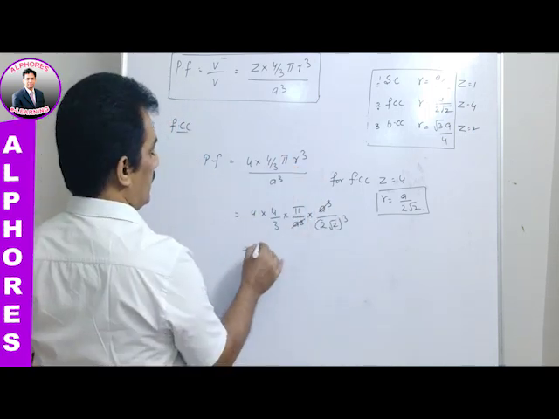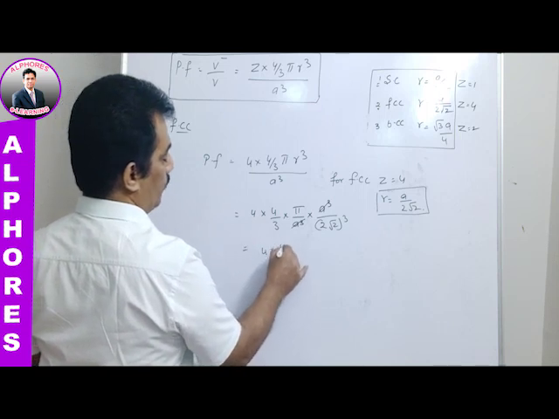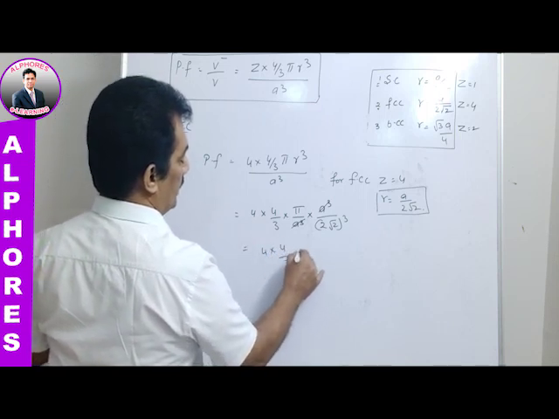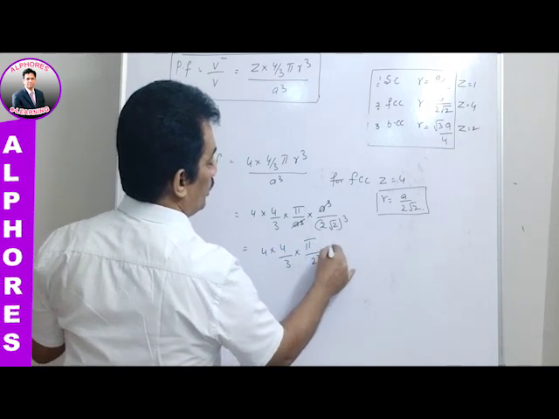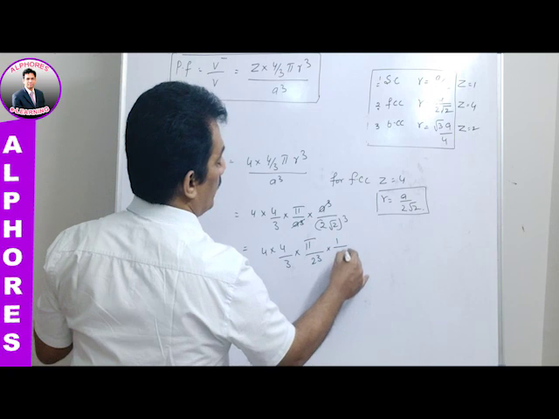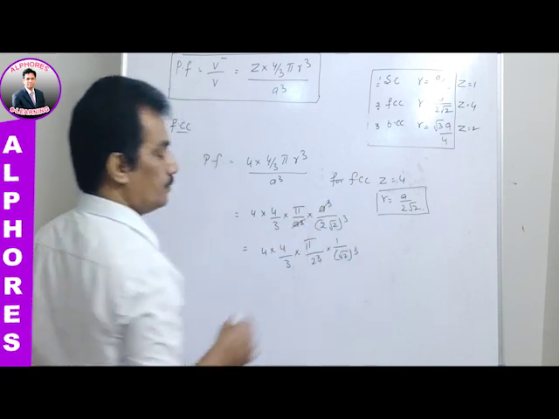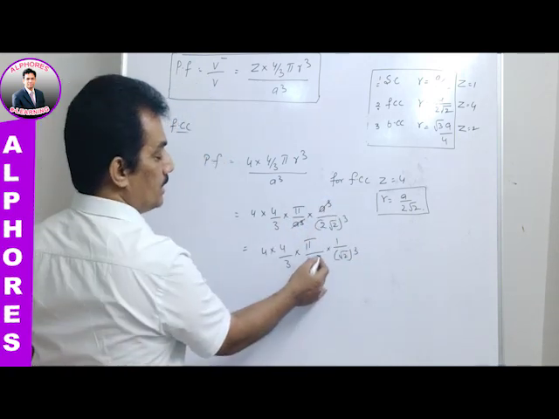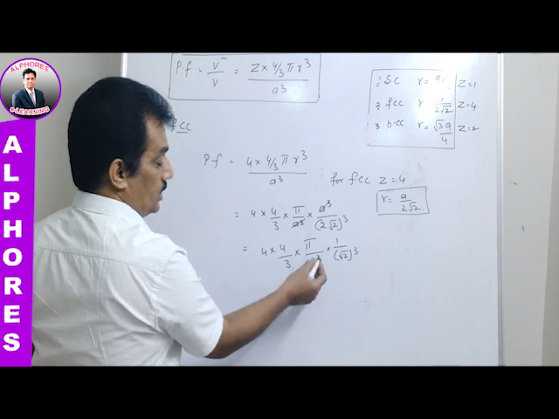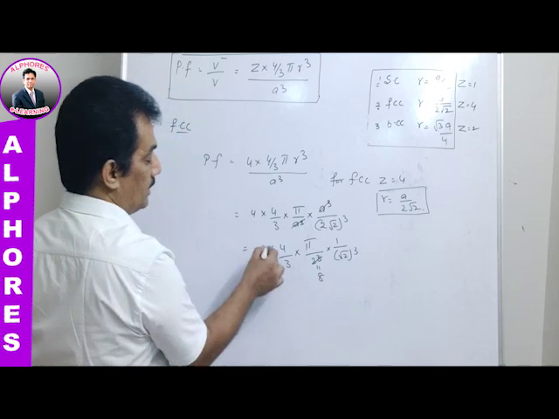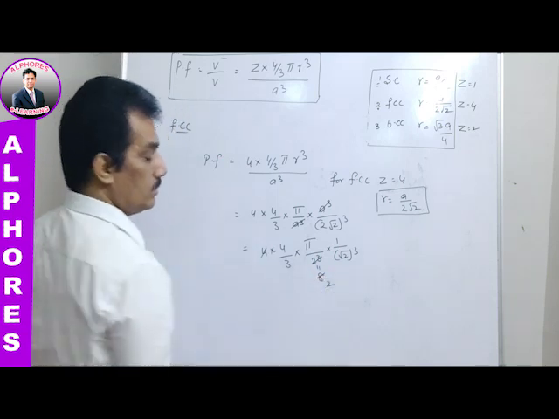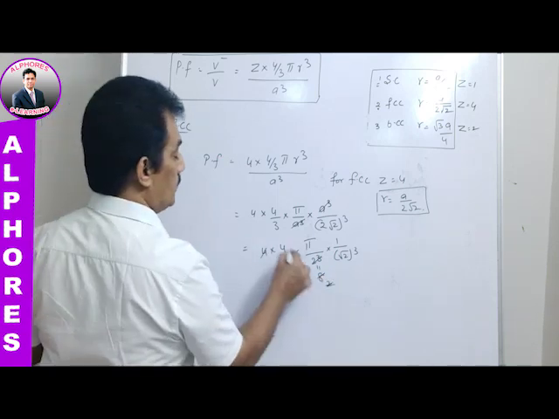For convenience sake, let me write 4 into 4/3 into π by 2³ into 1/√2³. And now this 2³ is nothing but 8. We can write this is equal to 8, and when it is 8, it is 4 twos, and this 2 times.